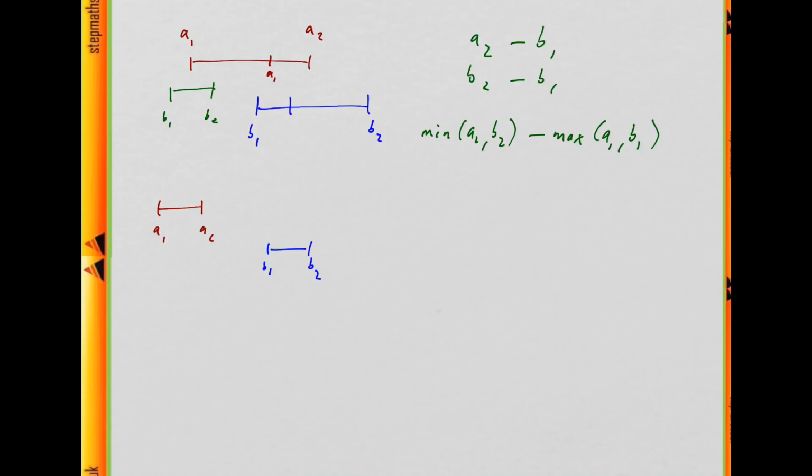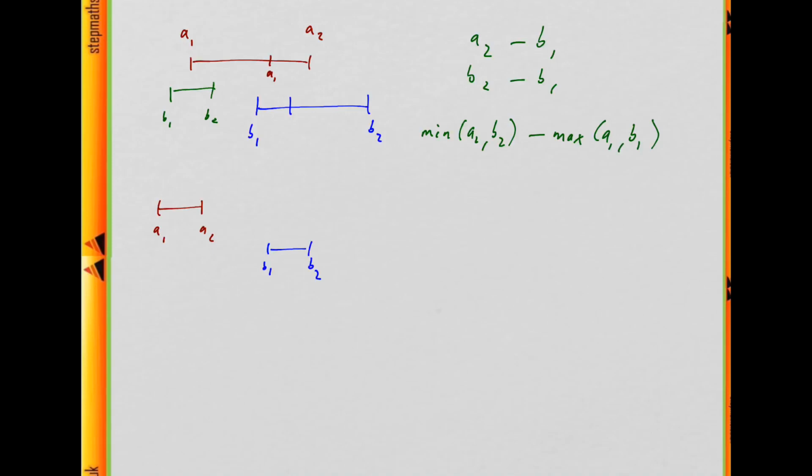So we want to make sure that our overlap can't go any smaller than 0, and there's a trick to doing that. Well, basically what do we want to say? We want to say if this is positive, we want to take this. So if this is bigger than 0, we want this. If this is smaller than 0, we take 0. So that means we just want the maximum out of this and 0.